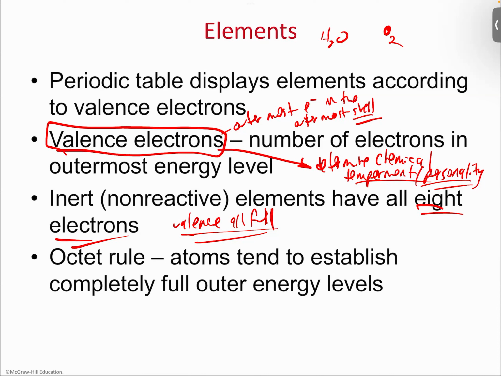Okay, so these guys are full, yes? They have all 8, or 2 in the case of helium. Everybody else does not. We already know sodium, which only has 1. Let's take a look at the polar opposite. Let's go to chlorine, group 7. So how many electrons does chlorine have?